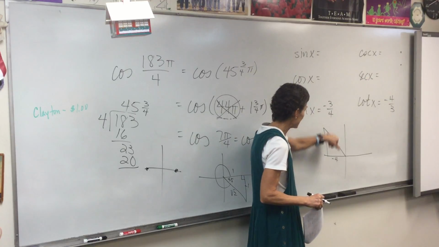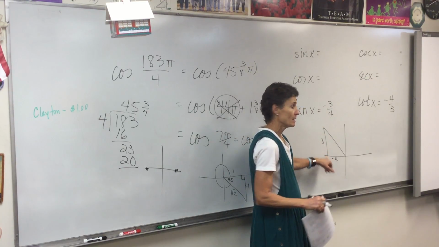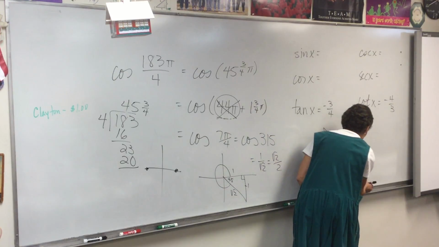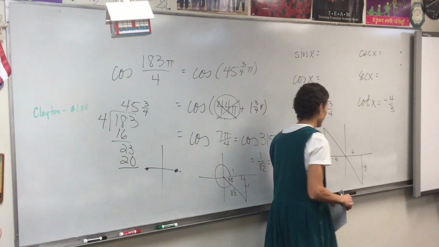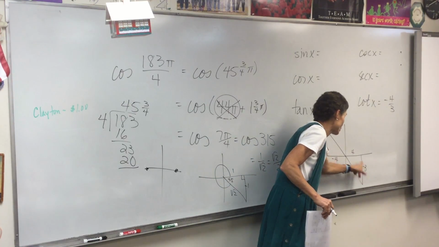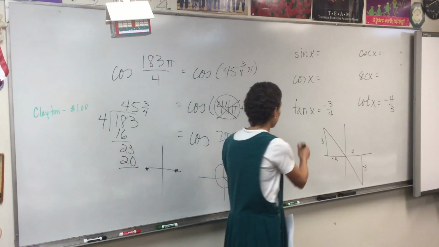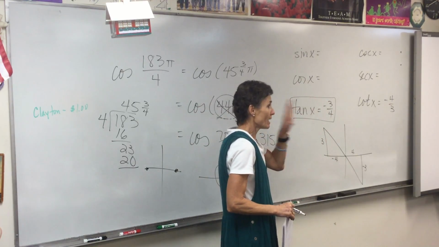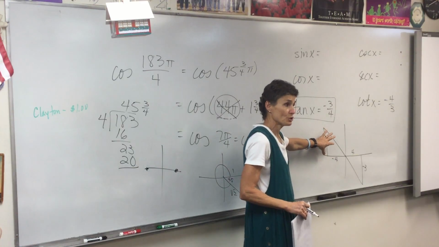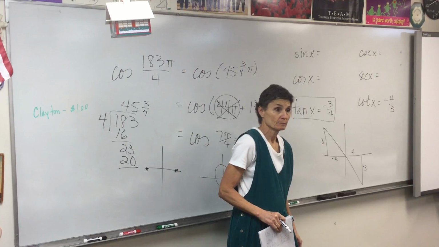Would that have a tangent of -3/4? But I could also draw a triangle where this was -3 and this was 4. Would that have a tangent of -3/4? Yes. So when this is what they give me, it could happen in quadrant 2 or in quadrant 4.